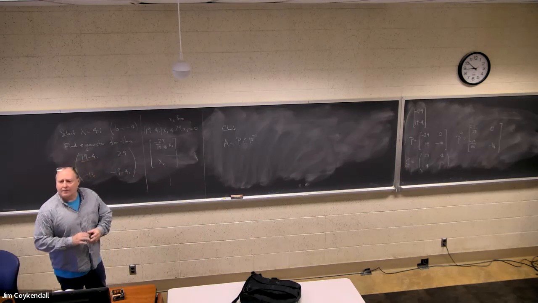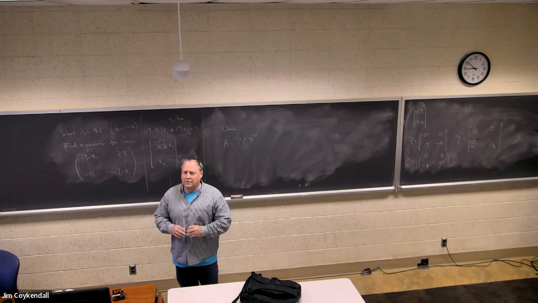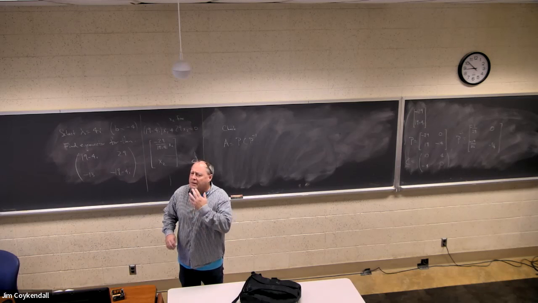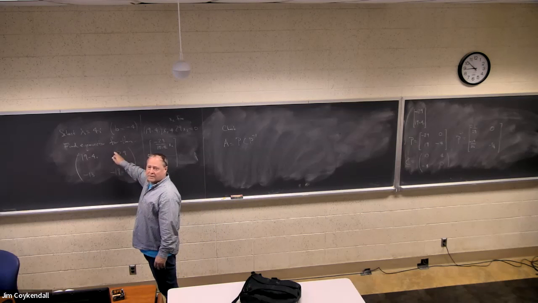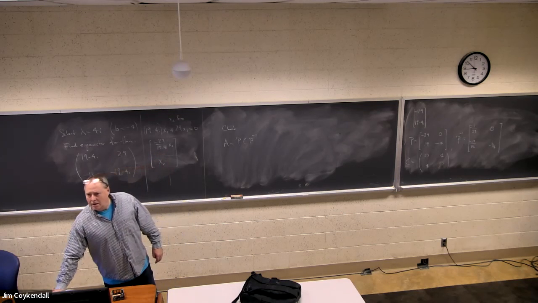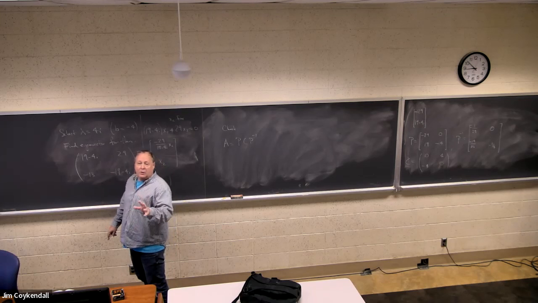Yes, sir. With the matrix on the left of this board, how do we know that those two rows are multiples of each other? Well, you can do it brute force.